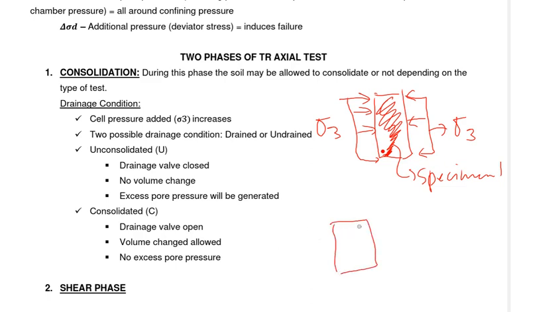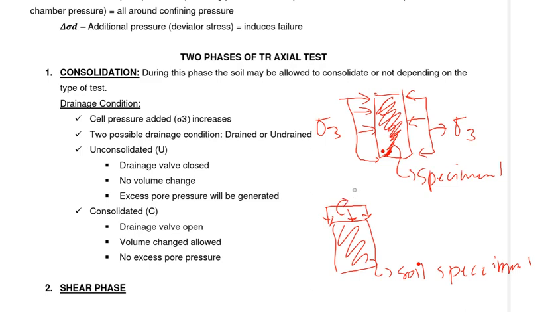So during the shear phase, if we have here a soil specimen, we have a load that will increase our stress on the top of the specimen. And since there are no shear stresses on either the top or the side of the specimen, therefore these planes are the principal planes.